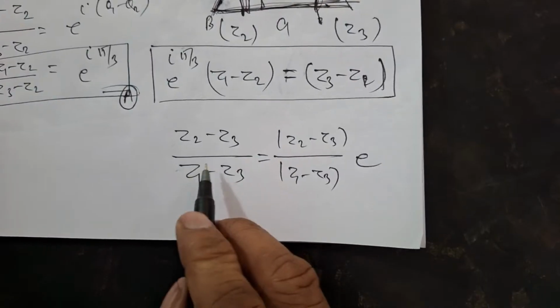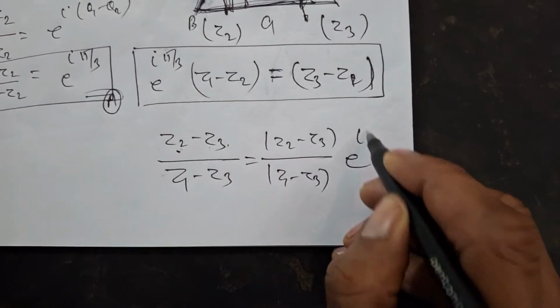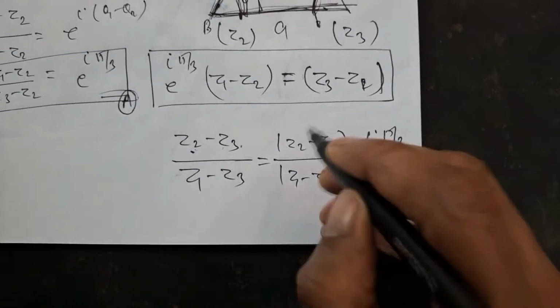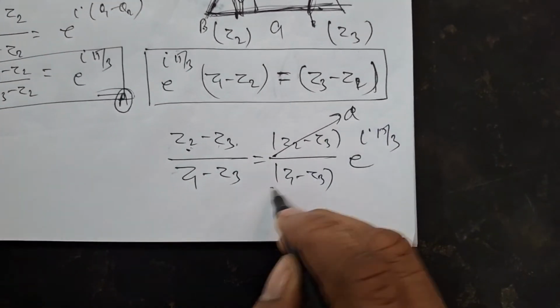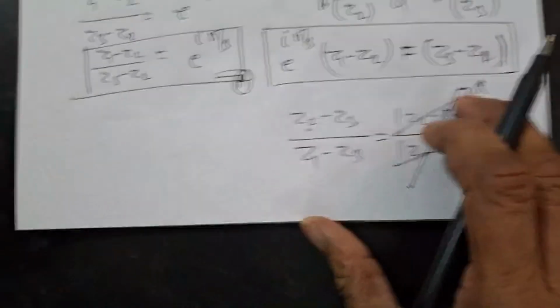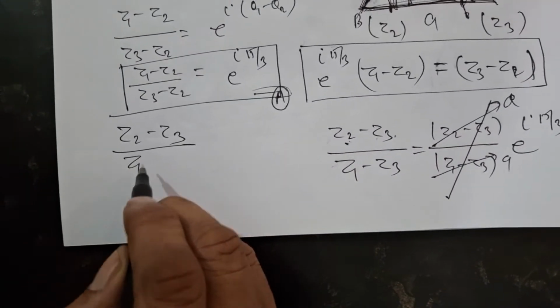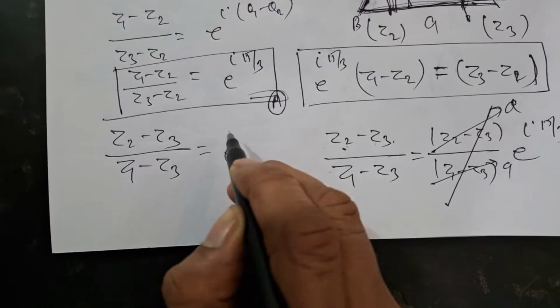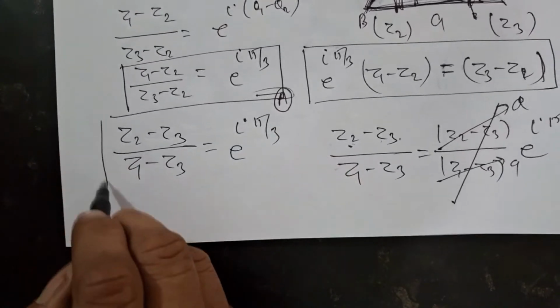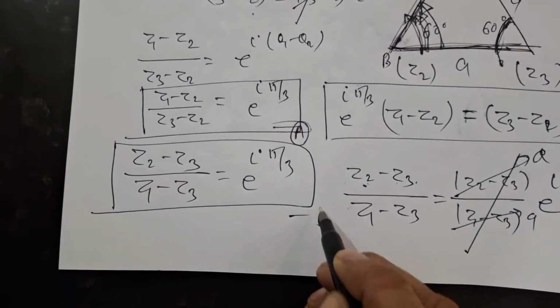So where is Z2 minus Z3? This one, the e to the power i pi by 3, dear genius. This is an equilateral triangle. So you will get Z2 minus Z3 by Z1 minus Z3 equals e to the power i pi by 3. This is equation 2, genius.